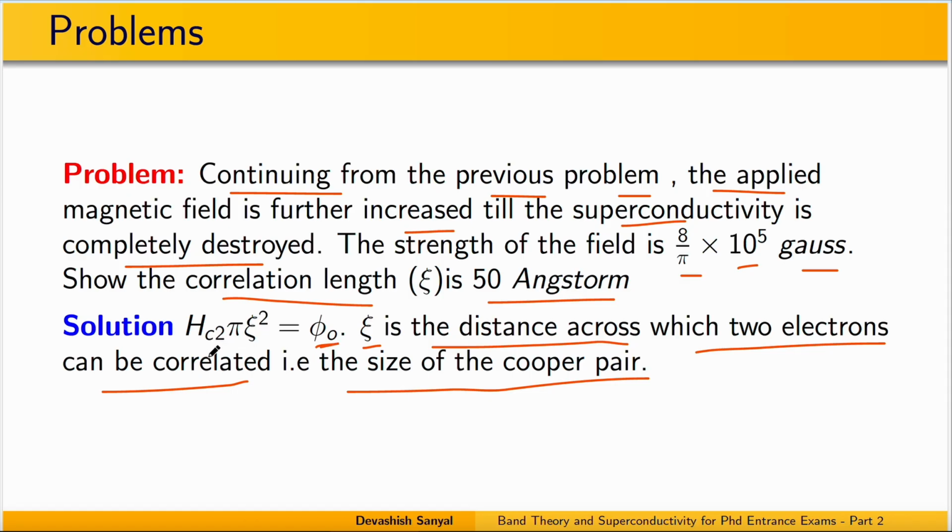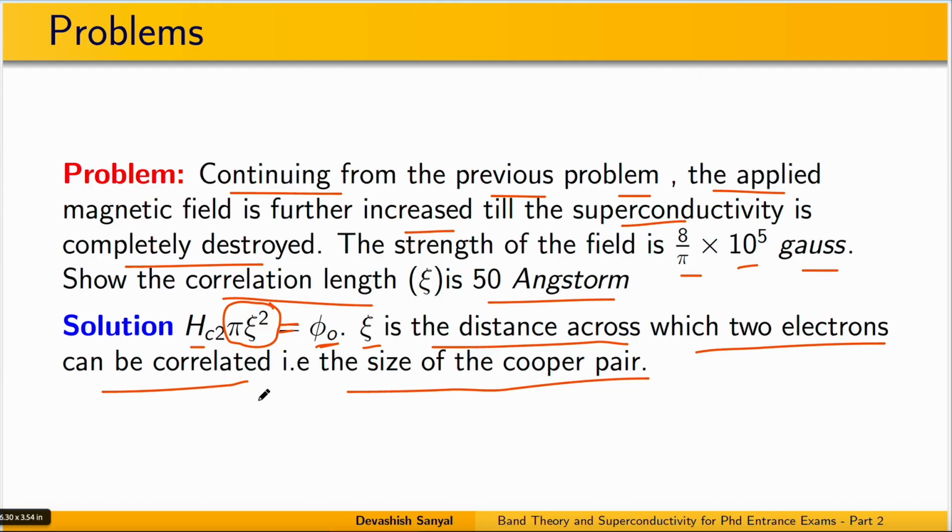So the second field Hc2 times the cross-sectional area, like before, pi psi square, should be equal to the flux quantum, because flux through any region surrounding a superconducting current is quantized.